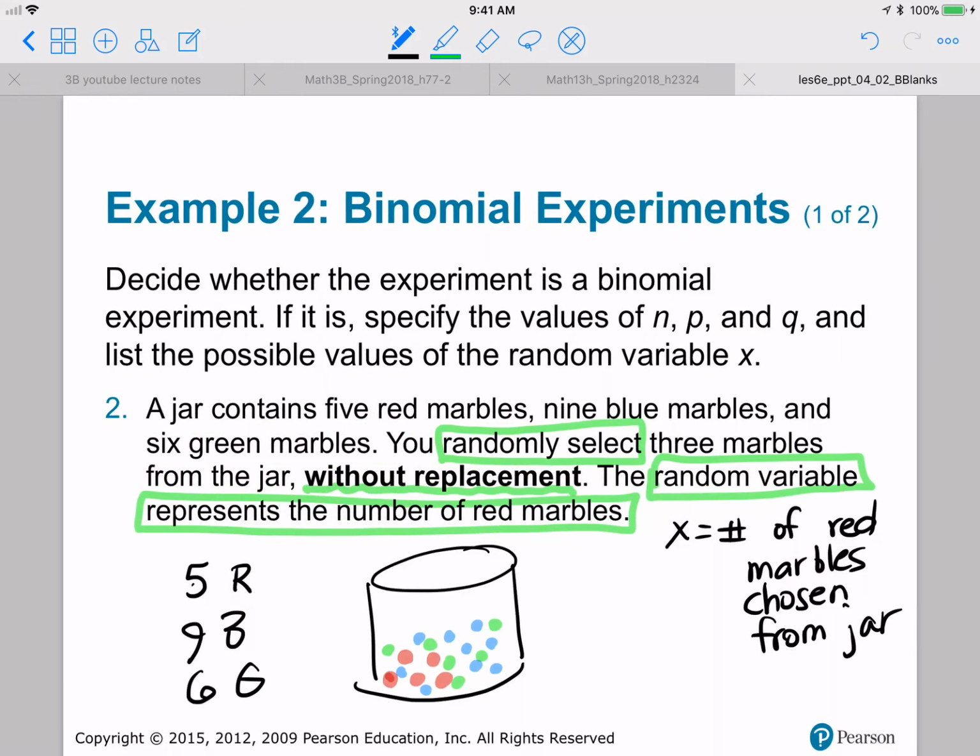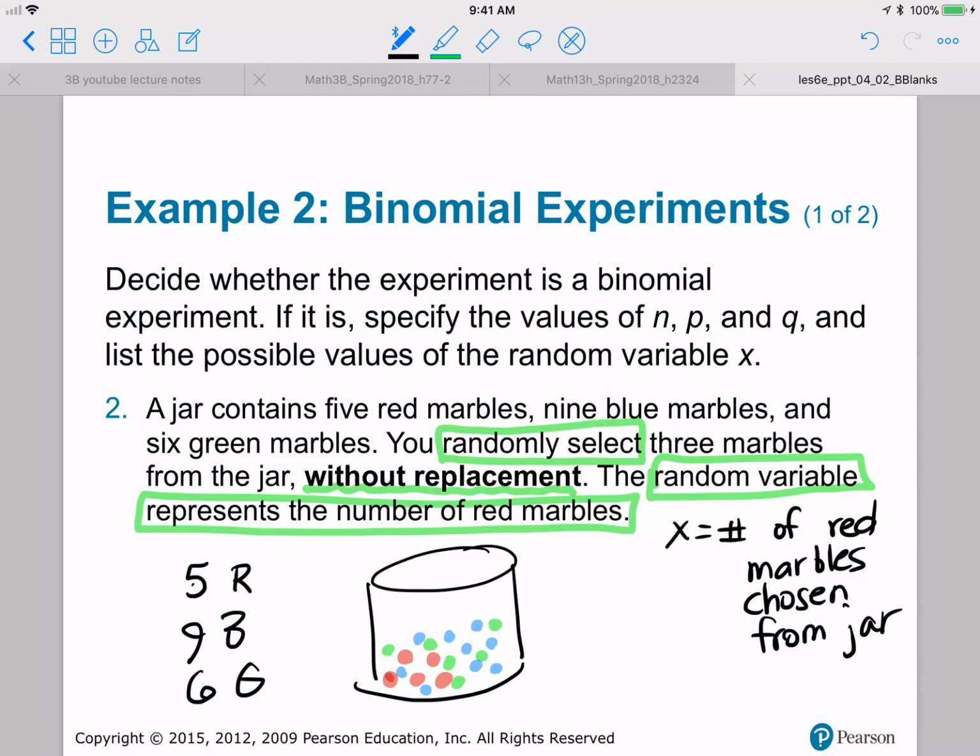Now, when I go for my second trial, there are no longer 5 red marbles out of 20 altogether. There would only be 4 red marbles out of 19. So the fact that I picked a red marble is going to impact the probability of picking a red marble on my other trial. Do you see that?